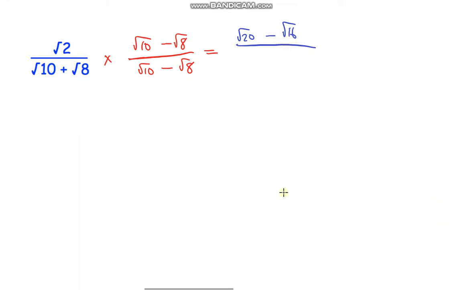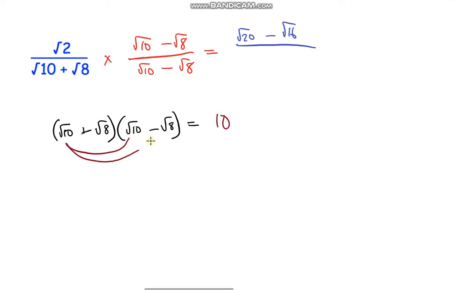Okay, now let's expand, multiply the denominators together. So we've got root 10 plus root 8, and then root 10 minus root 8. Okay, again, let's FOIL this out. So root 10 times root 10 is 10. Root 10 times negative root 8 is negative root 80.